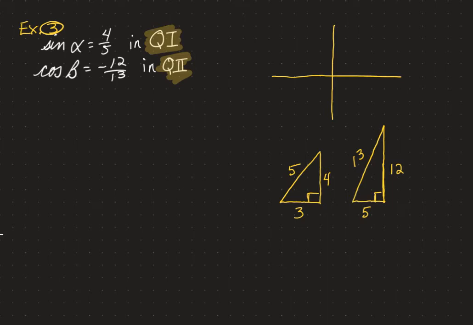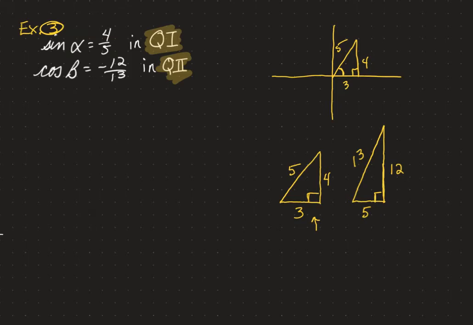Let's graph those. We know that sine is opposite over hypotenuse. So we're looking at this triangle. Okay, and it says it's in quadrant 1, so I'm going to draw that special triangle in quadrant 1. And I'm going to label it a 3, 4, 5 right triangle. Okay, so that's the angle I'm looking at there.